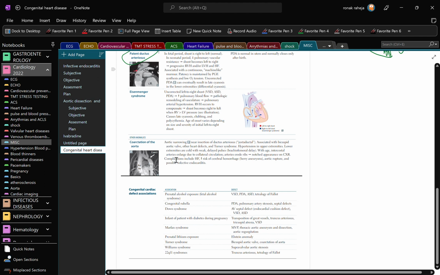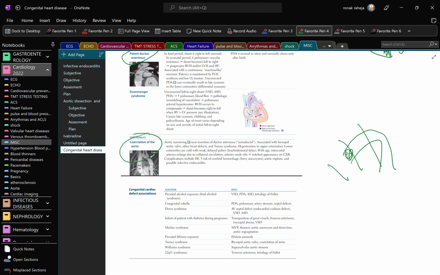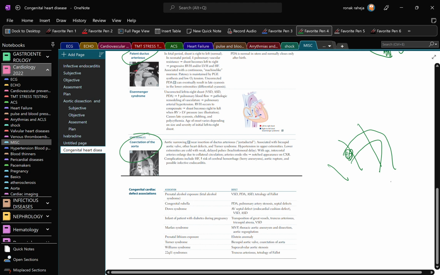And you can have that also seen in coarctation of the aorta. You can have three types of coarctation of the aorta. You can have it at three different points of the aorta, and depending on which point it is, you can have varied presentations. And you can have abnormal pulses to one side in coarctation of the aorta.